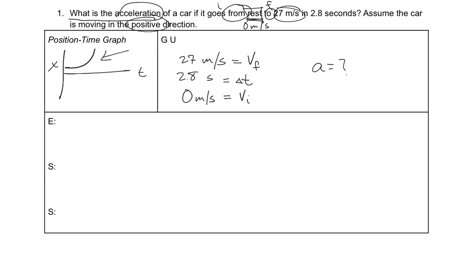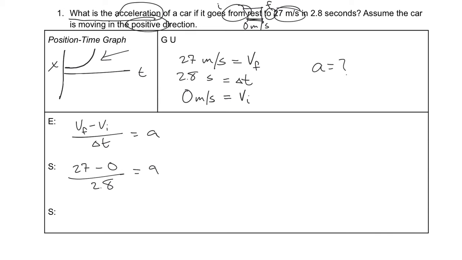And now we go to the equation. The equation is VF minus VI over delta t equals acceleration. I'll go plug some stuff in. VF is 27, VI is 0, delta t is 2.8, and acceleration is what we're looking for. This one's nice and easy because there is no algebra.